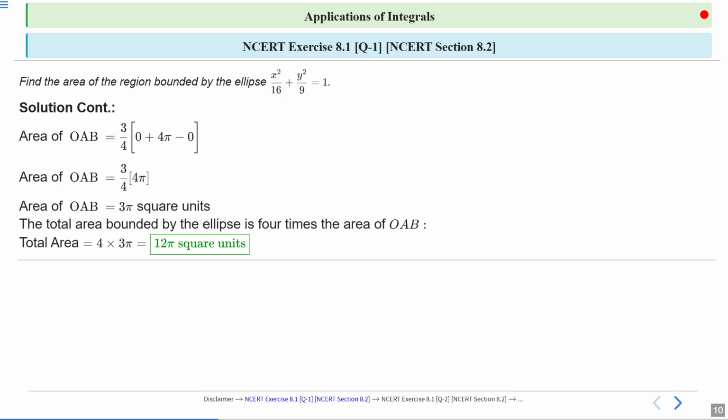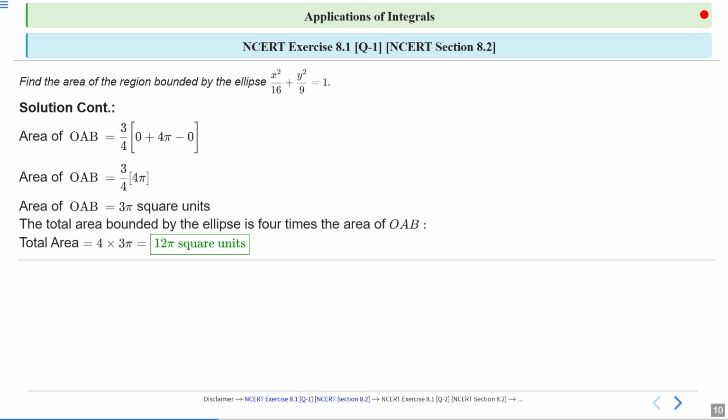Okay. To calculate the area of the region bounded by any curves, the first task is to draw the graph, to recognize what type of graph it is, and try to draw it. When we draw the graph, we have an idea how to calculate. We see the symmetric nature of the curve.